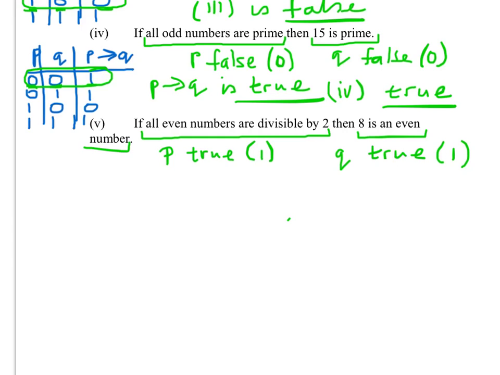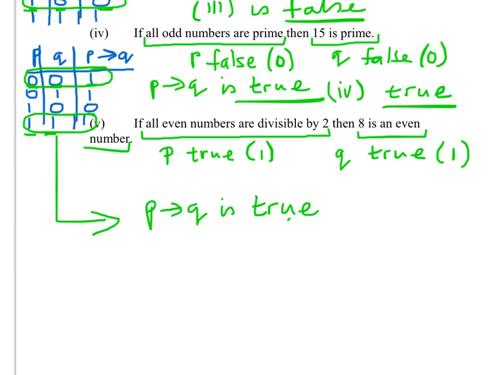So if we use this table up here, you can see it refers to the last line of this table where the inputs are 2 1s. So the output of P implies Q is 1, or it's true. Right? So that means that part 5, that statement that's written there, is true.